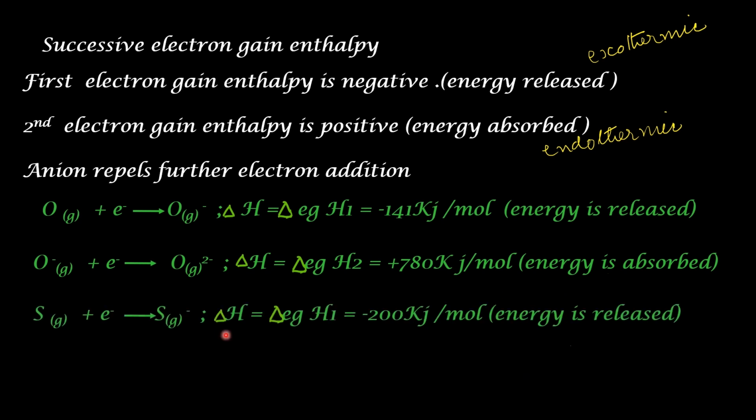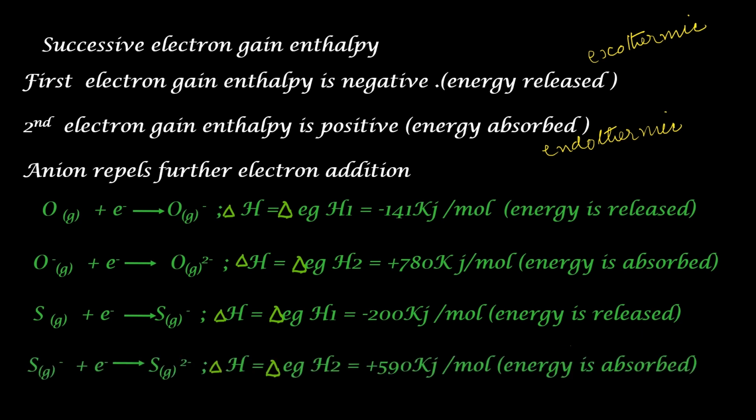For sulfur, the first electron gain enthalpy is negative 200 kilojoules per mole. First electron gain enthalpy is negative there also. Energy is released. The second electron gain enthalpy for sulfur is positive 590 kilojoules per mole. Energy is absorbed.